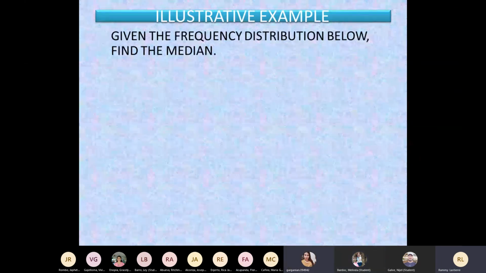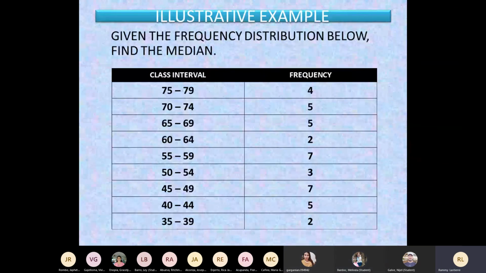For example, given the class interval with their corresponding frequency, what we are going to do is sum up the frequency: 9, 10, 14, 15, 16.